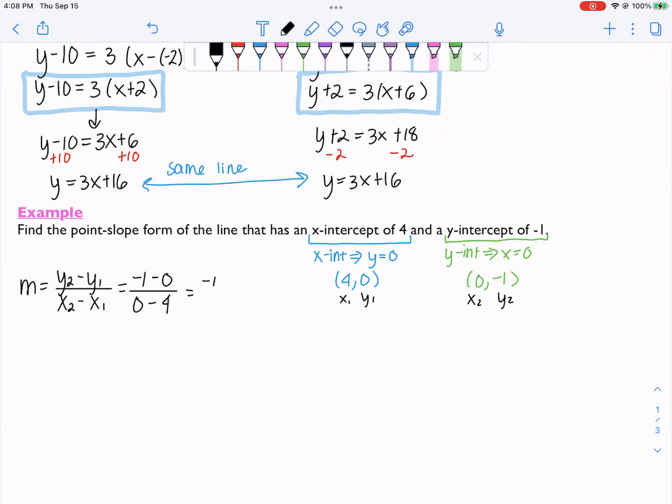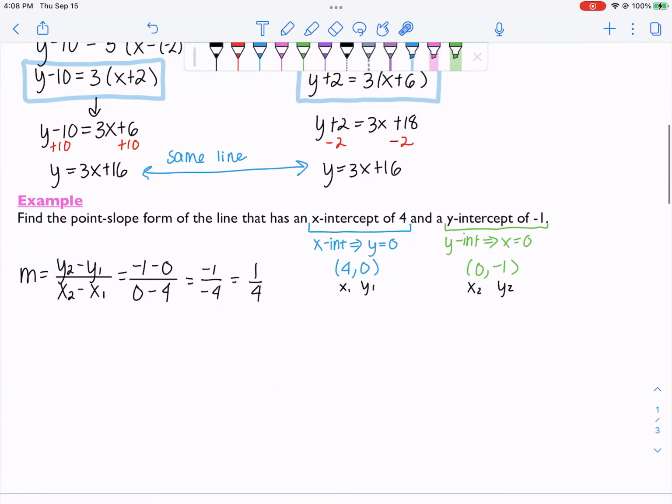Simplifying, we have -1 divided by -4, which is positive 1/4. So our slope is 1/4. And we can use either of these points to create our answer in point-slope form.